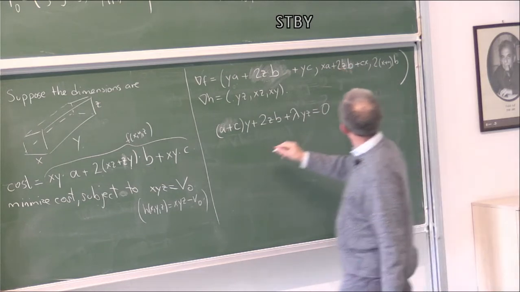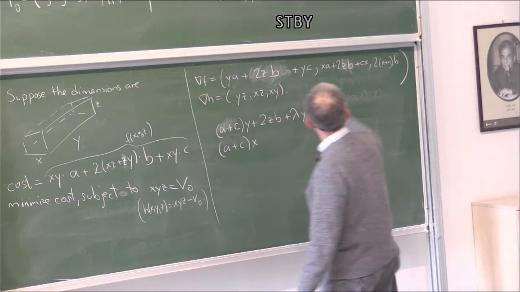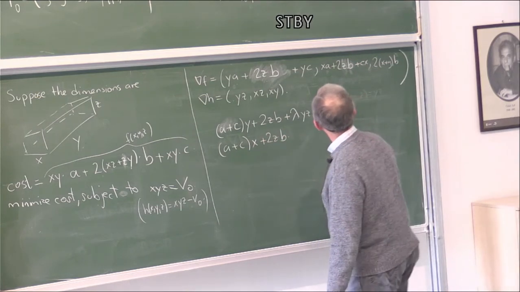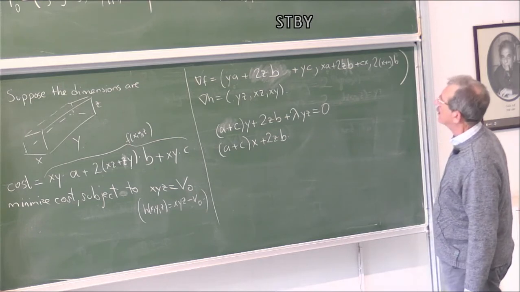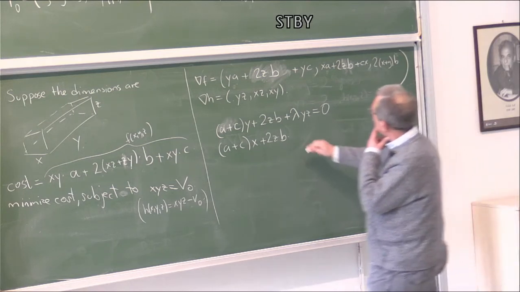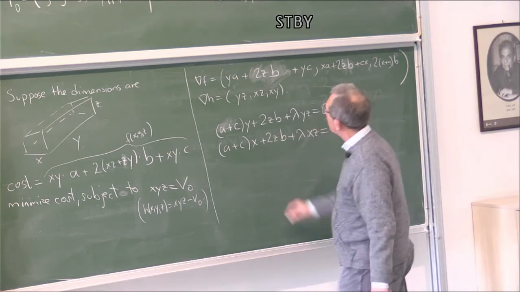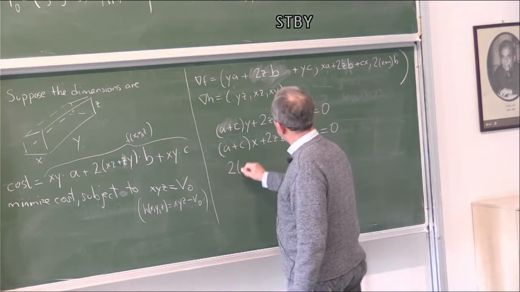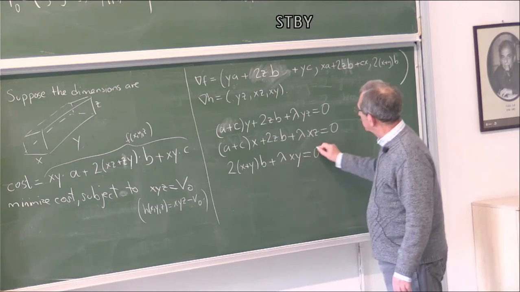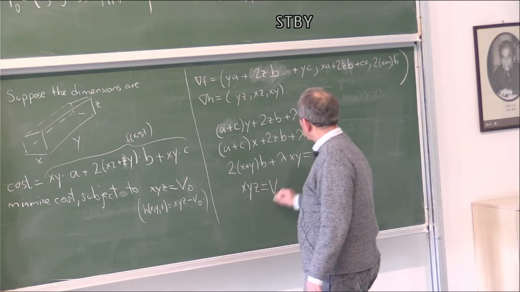The middle term is (c plus a) x plus 2zb plus lambda xz, that is 0. And finally, the last term, 2x plus yb plus lambda xy is 0. And finally, xyz is V0.